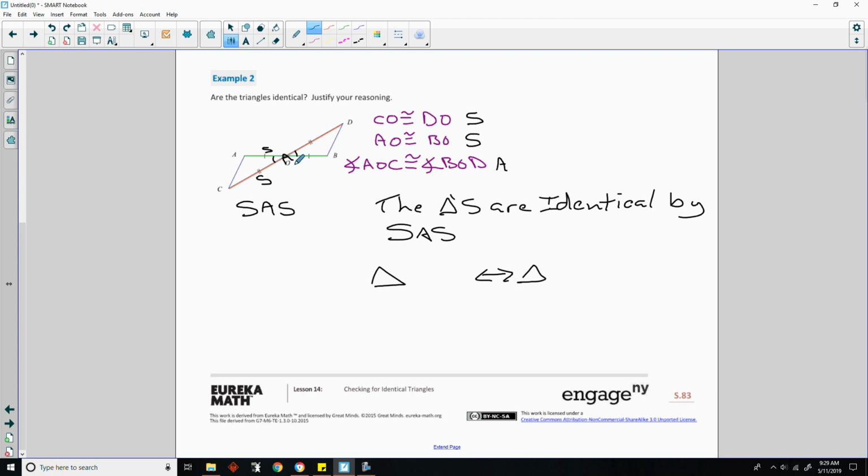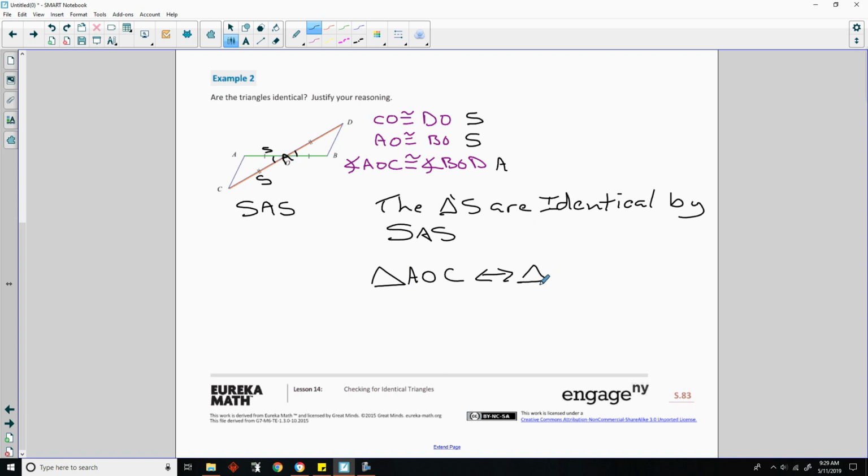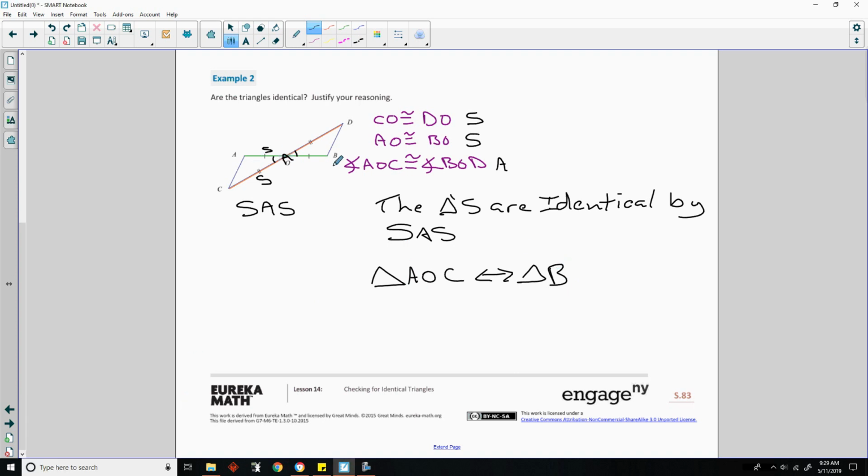If I name this AOC, A corresponds to B. I said corresponds, not Cortana. Stop it. A corresponds to B. O corresponds to itself. And C corresponds to D. So triangle AOC corresponds to triangle BOD.